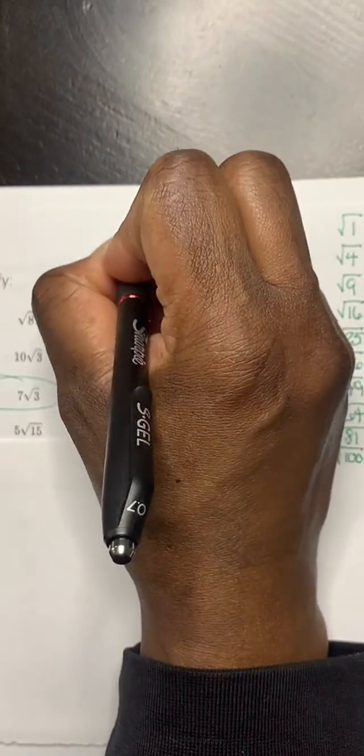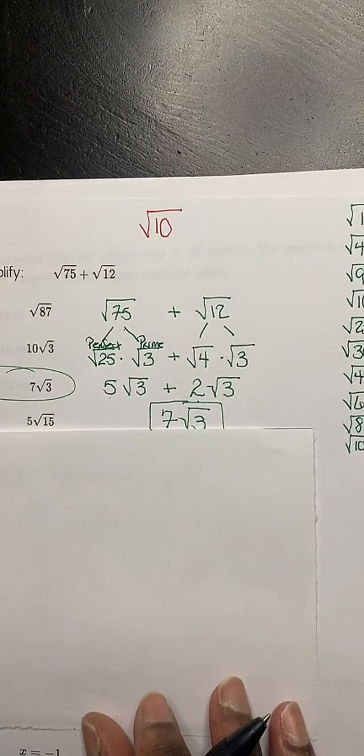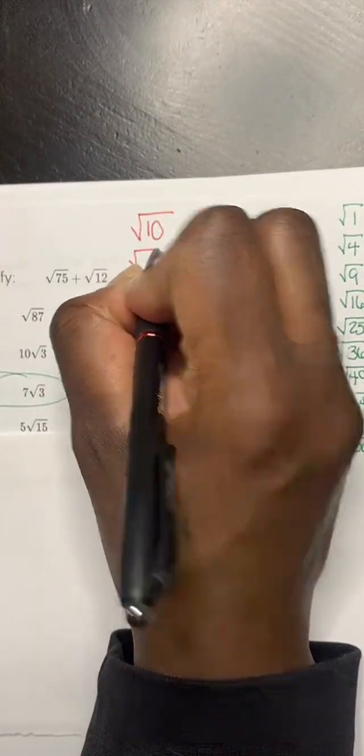What do you do if there's not the same number under the radical? Then it must be prime. If you did everything to break it down and it's already broken down to prime numbers, then it's prime. Prime example, no pun intended, is the square root of 10. You would think, oh, square root of 10, I can break that down. What are you going to break it down with? 1 and 10.